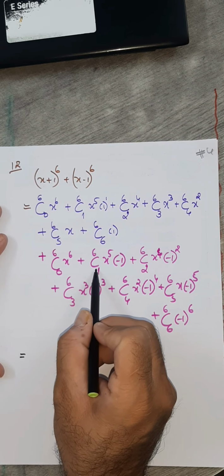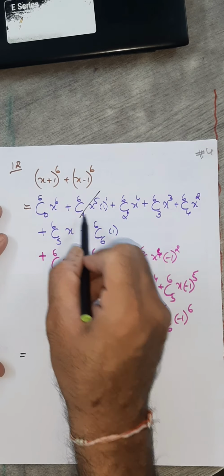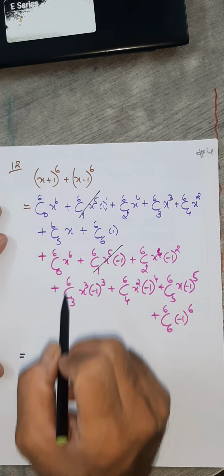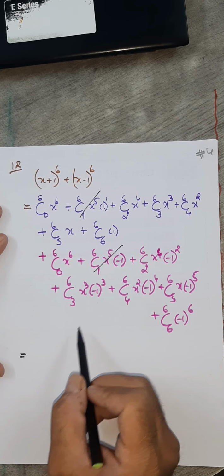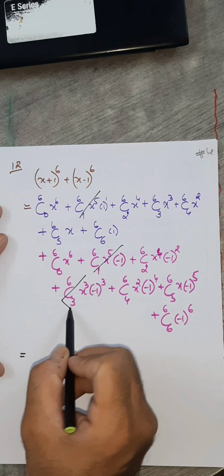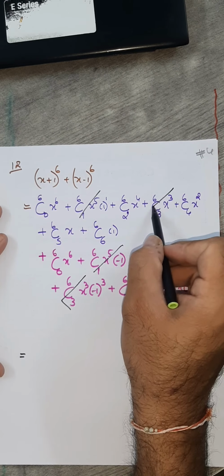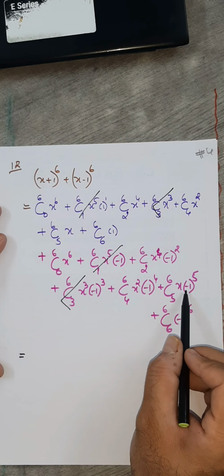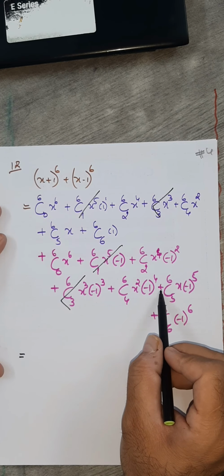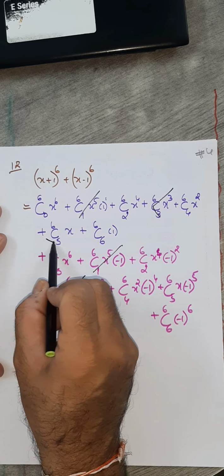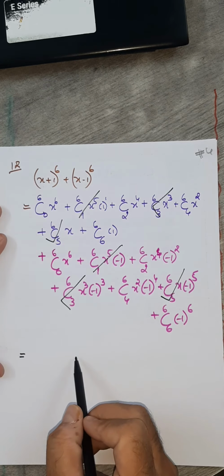So here this and this will get cancelled, because here your plus and because of this minus, this will get cancelled. Here your x cube, here your minus x cube, so this will get cancelled with this one. This is plus only. Here because of minus 1 raised to 5, here your minus and here you have plus, so this will get cancelled with this.